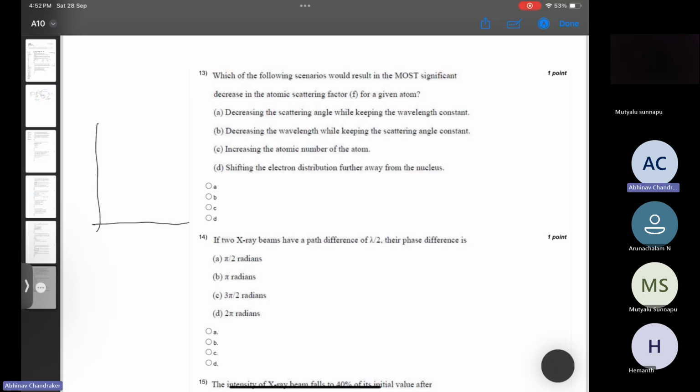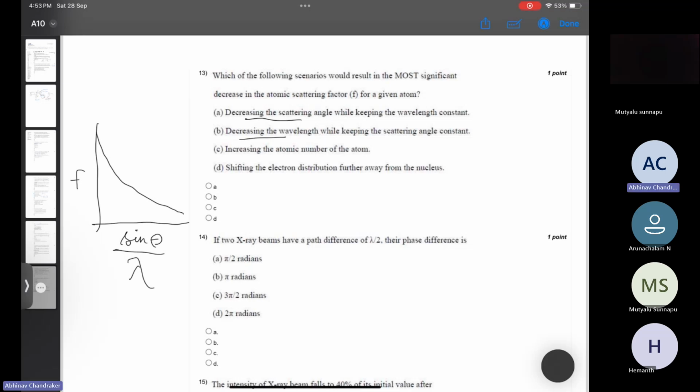So if we have this kind of plot, decreasing the wavelength will cause a decrease in the atomic scattering factor, yes. Decreasing the scattering angle will actually lead to an increase in the atomic scattering factor.